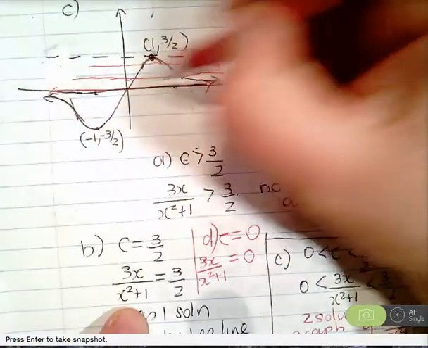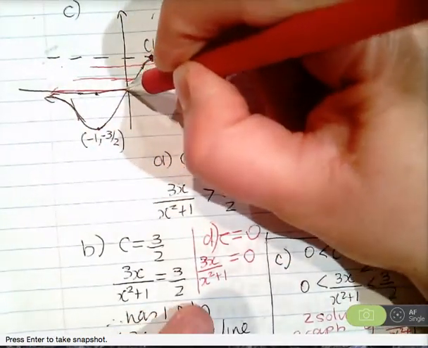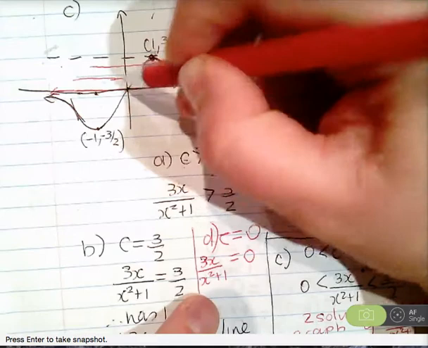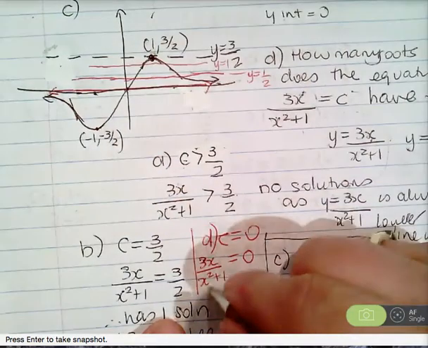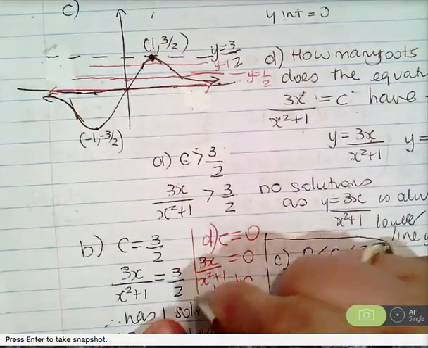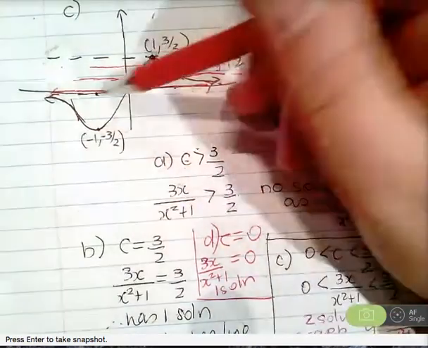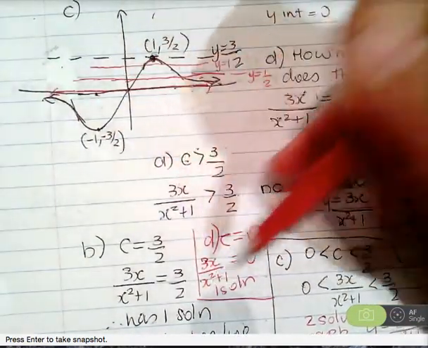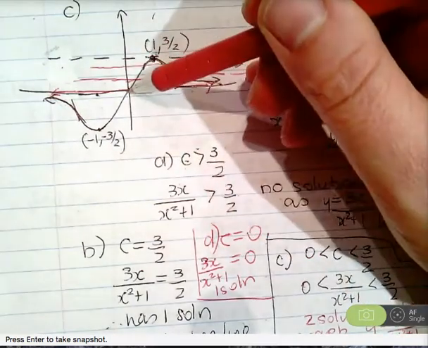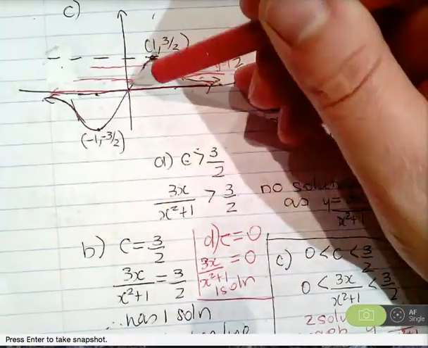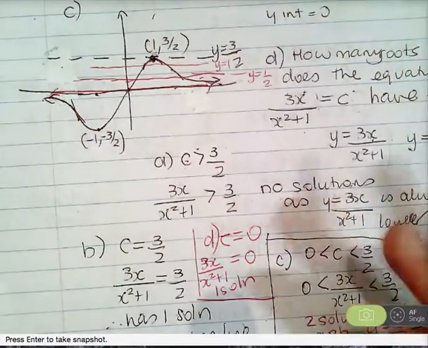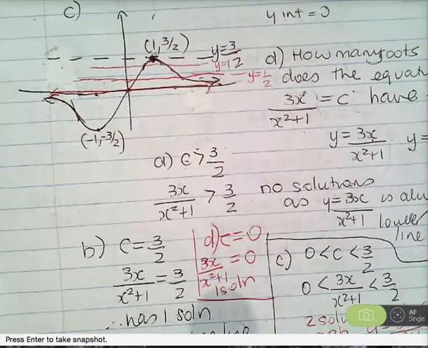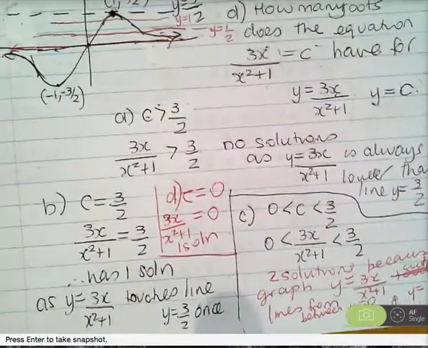Well, that black curve has a y value of 0 when x is 0, so it only cuts it once, so therefore that has one solution, okay? Because the black curve, the curve drawn in black, cuts y equals 0 once, okay? So therefore that has one solution. All right, that's that question, which is question 8.